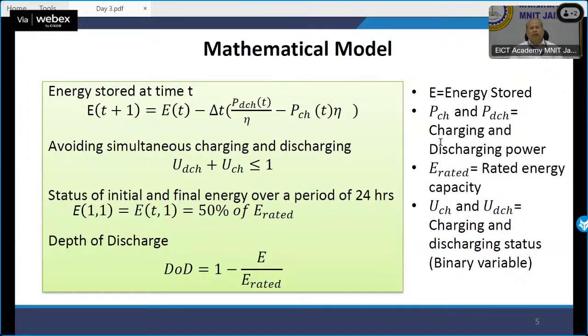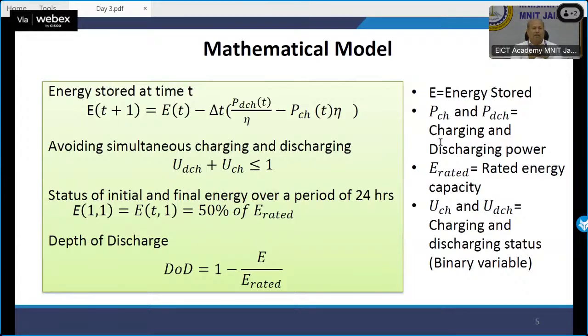Now, one more thing, I cannot assume the battery can be in charging and discharging state at any given point of time. Because in the process of optimization, when you allow the simulation algorithm to carry out an optimization, it will make things happen however it likes. It is mathematics there. It will take PDCH and PCH both nonzero. But honestly, the battery, when it is operating in charging mode, it cannot discharge and vice versa, okay.